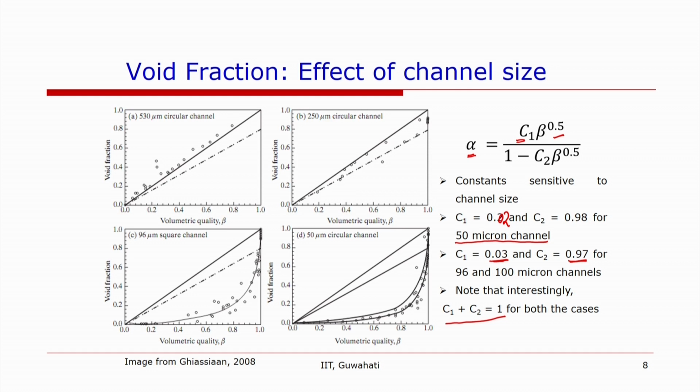Okay, so this is one correlation that has been developed for flow in microchannels, but this does not take into account the size of the channel explicitly. Rather, based on their observations from their experiments, they looked at different values for different channel sizes.